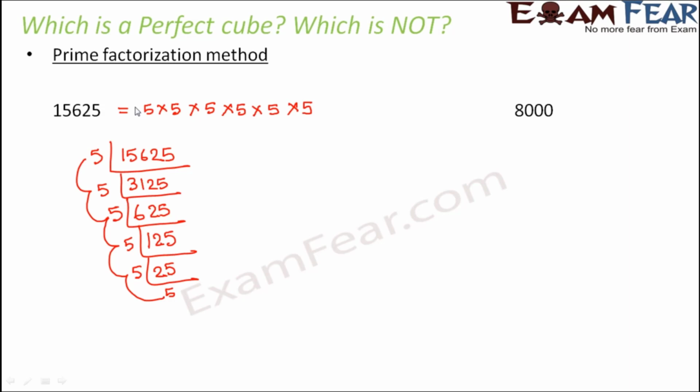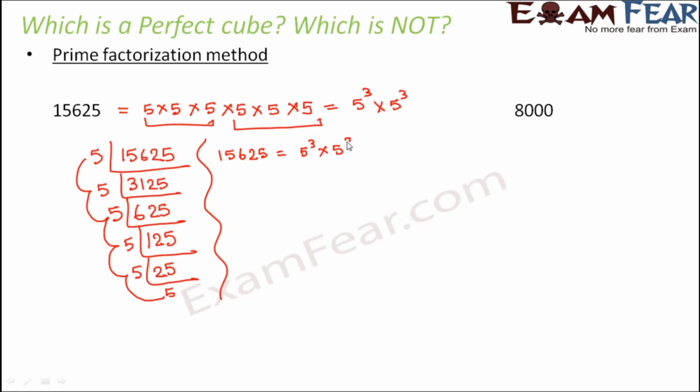Now let's divide it into groups of 3 numbers. So 3 fives together will form one group. Again 3 fives together will form another group. The first group can be written as 5 cube. Similarly, the second group can be written as 5 cube. So overall, we can say that 15625 is equal to 5 cube into 5 cube.